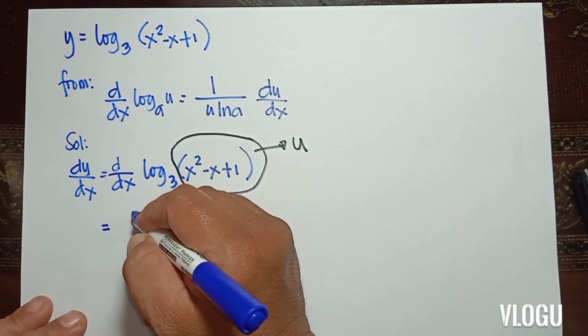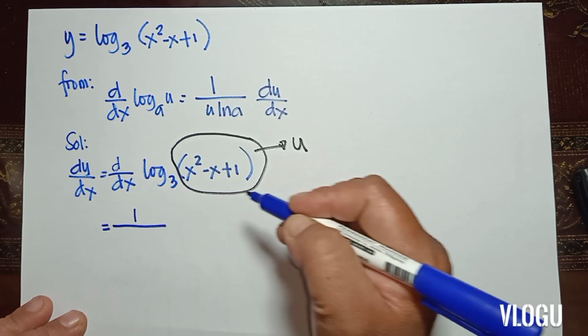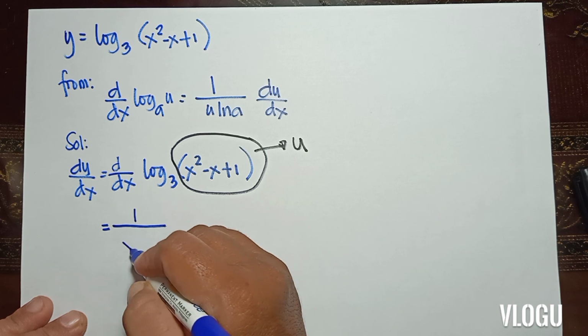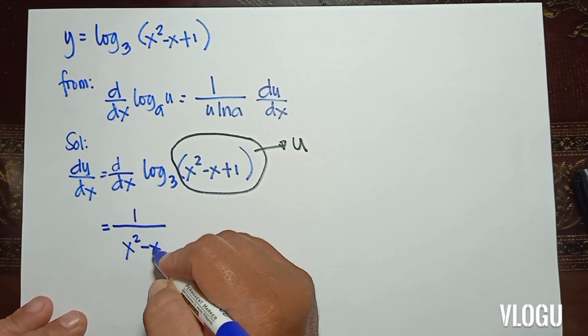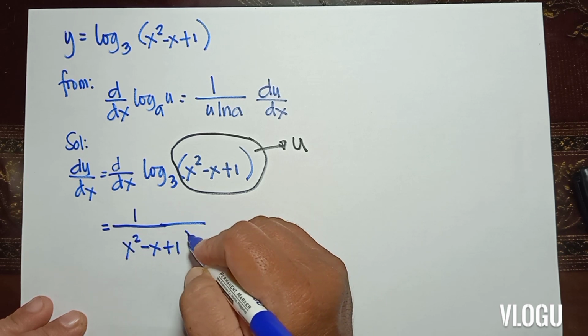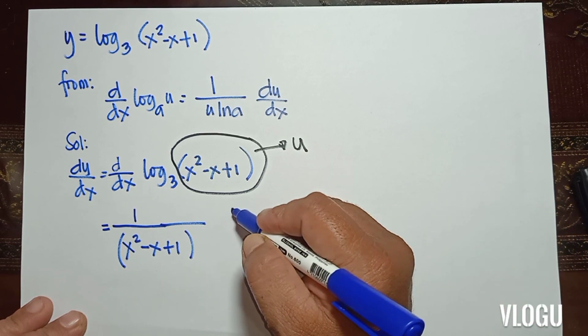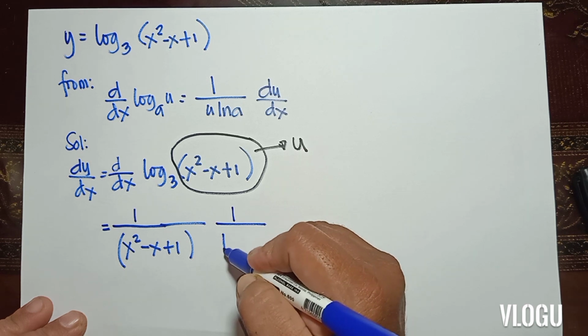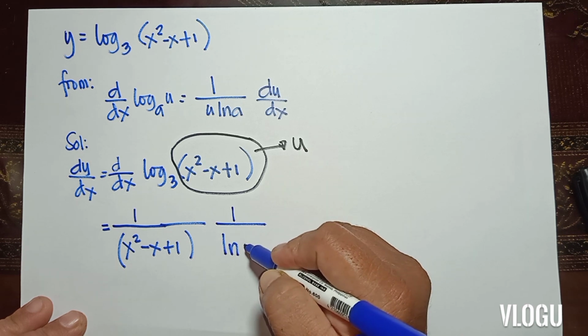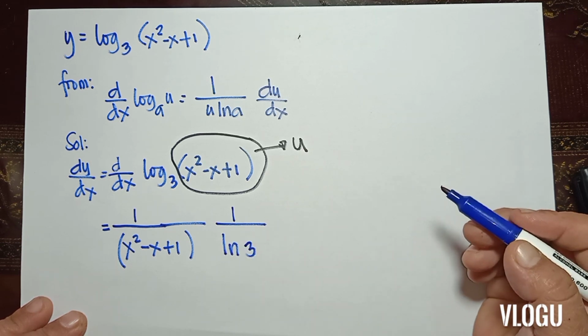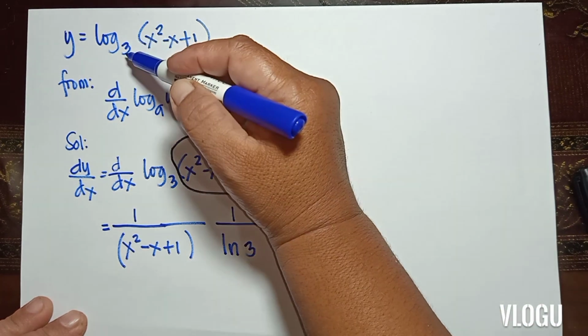So we have 1 over x squared minus x plus 1. Then we have 1 over ln of a. Our a is equal to 3, so we will have 1 over ln of 3.